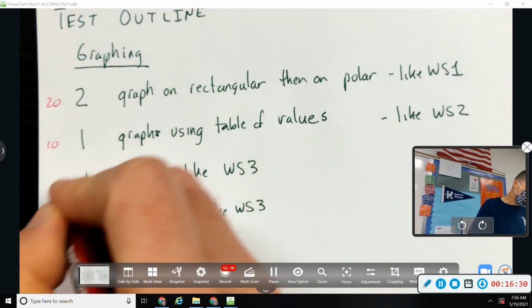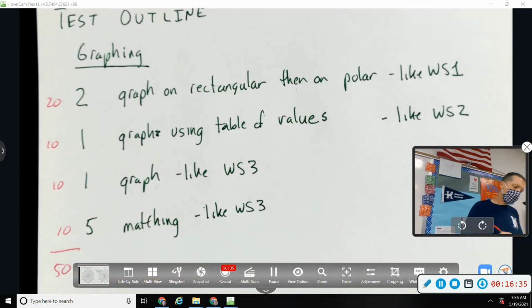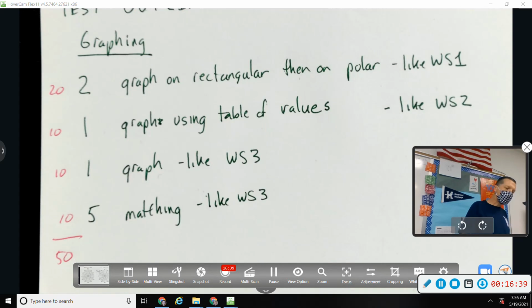So here's your total point values. The graphing ones are 10 points each, and the matching are 2 each. So 50-point test. Should go well, plus your projects, which are really good as well. So you end the year on an uptick, hopefully.